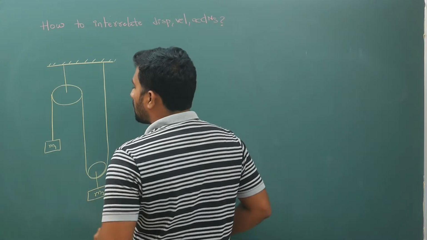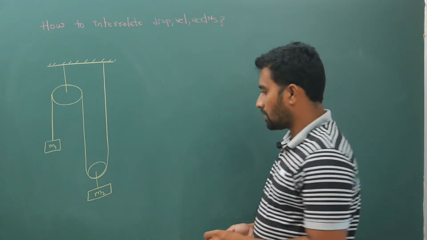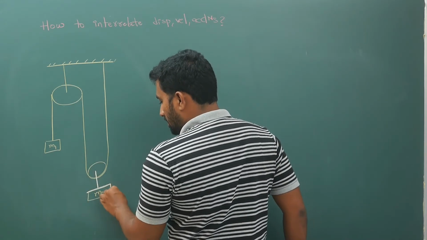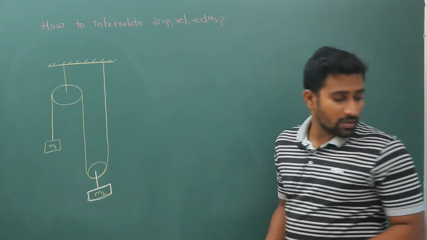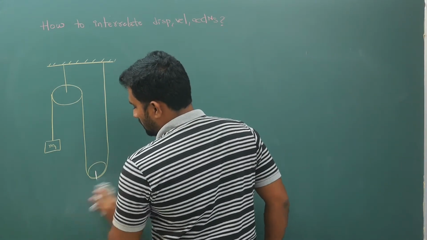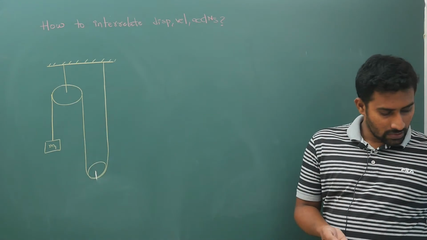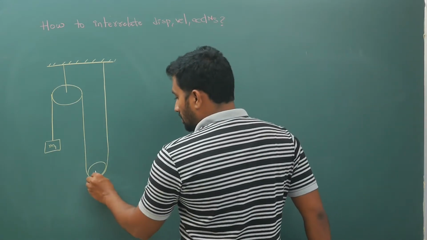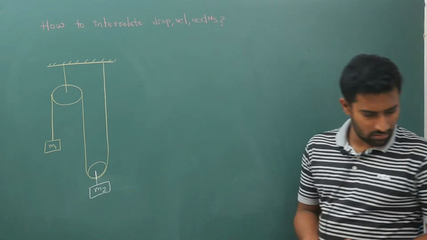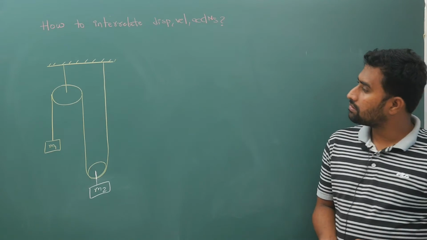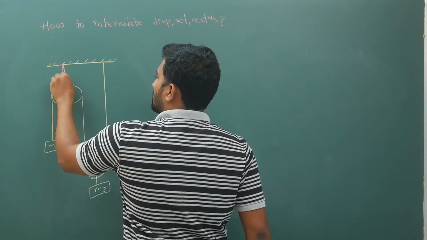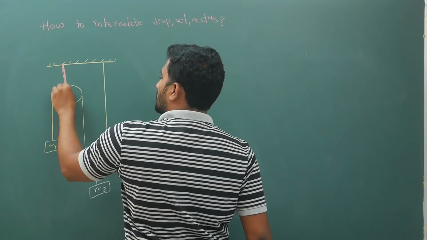There is another block of mass m2, in a different color, white color. The bottom one is white. How many threads are there? 2 threads, one yellow color, one white color. Then let's make this one pink.